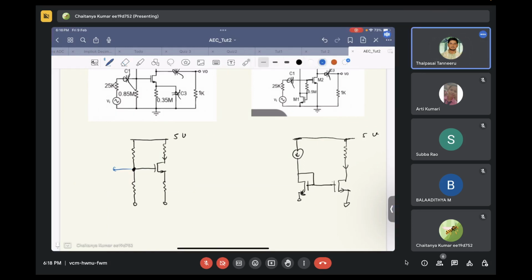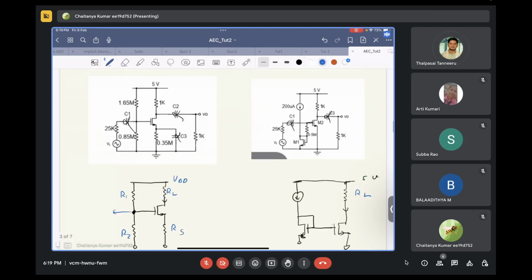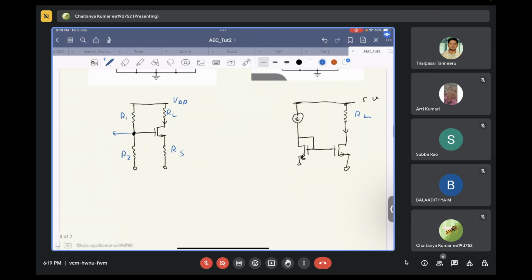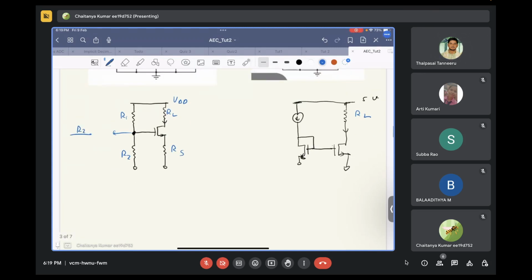Let's call this R1, R2, RS, and this is RL. This is also RL. And let's call this VDD. Let's not talk in terms of absolute values, let's talk in terms of actual voltages. So this voltage is R2 divided by R1 plus R2 into VDD, correct?